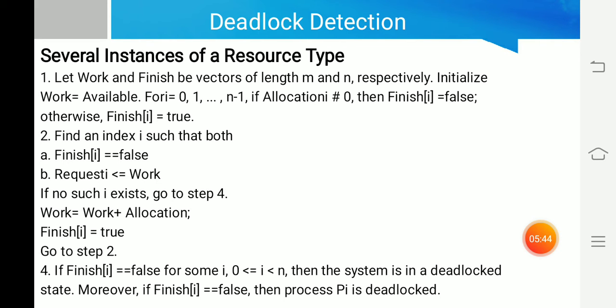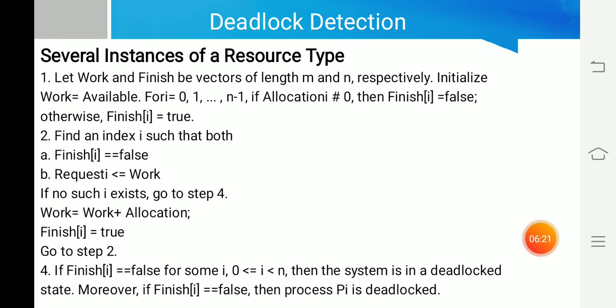The second case is for several instances of resources. The previous wait-for graph is applicable only if one copy of each resource is present. Now the next algorithm is for several instances. This is a new version of the Banker's algorithm. The same as before, there are two vectors, work and finish. We first assign available to work, and then we make finish of every process false, meaning no process has executed.